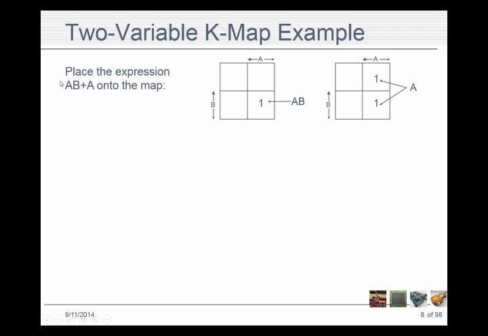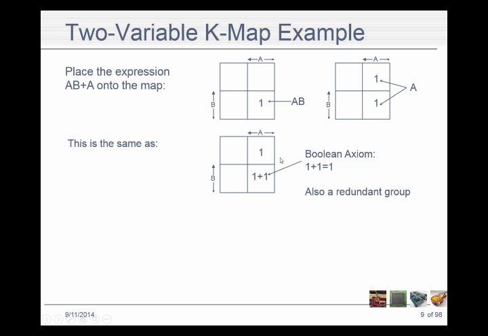So anyway, this is A and B. There are no bars across them, so it's not A and not B. It's just A and B. So A is a 1 and B is a 1, and that's right here where A is a 1 and B is a 1. Then it says or A. Well, A is a 1 in both of these cells, right?